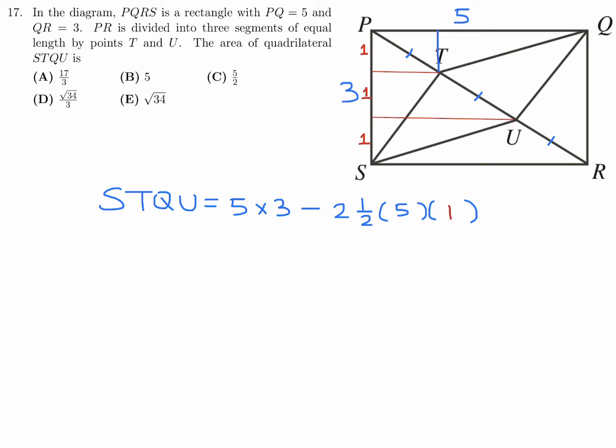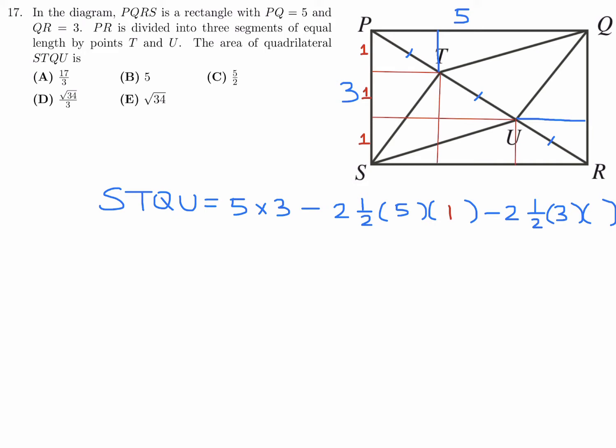And then very similarly, now we've got to figure out this area, and that triangle is exactly the same as that one. So we've got to subtract 2 of those, so minus 2 times 1/2 base times height. The base is from there to there, which is this 3. Now we've got to figure out the height, from there to there. In a very similar way, you draw lines to the other end.